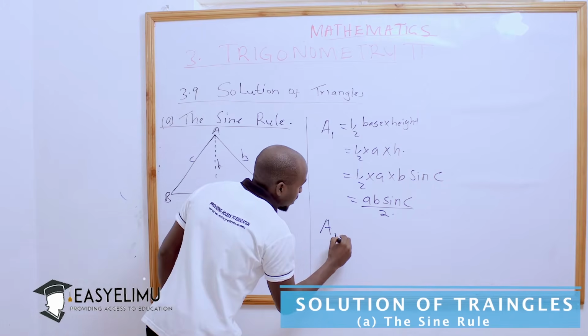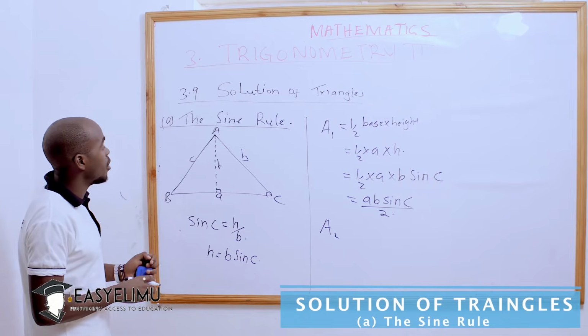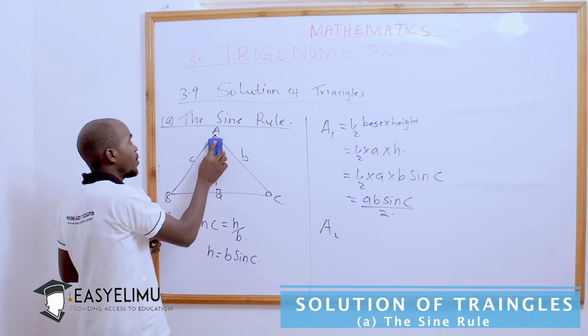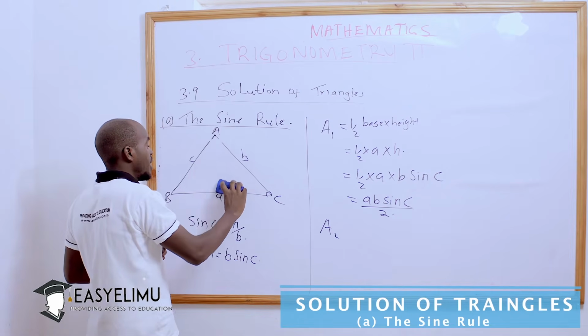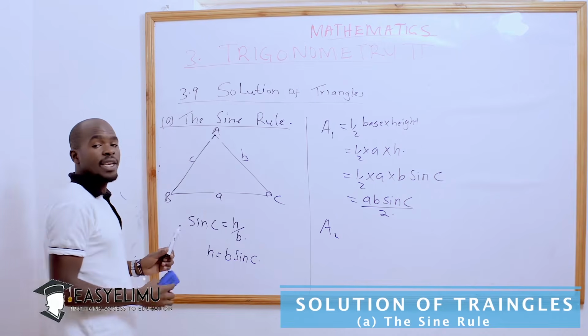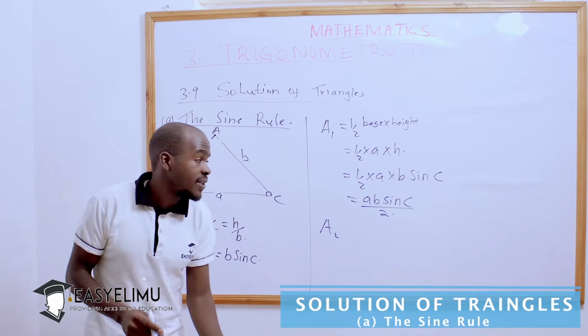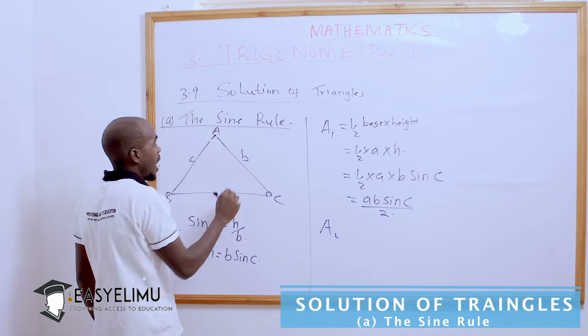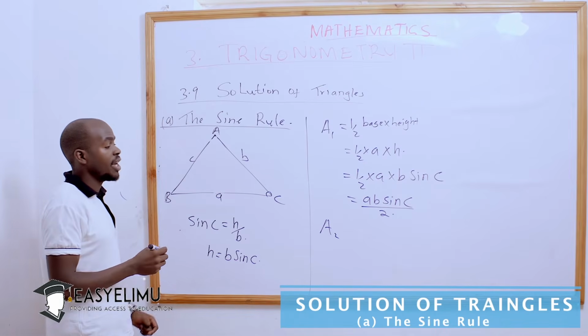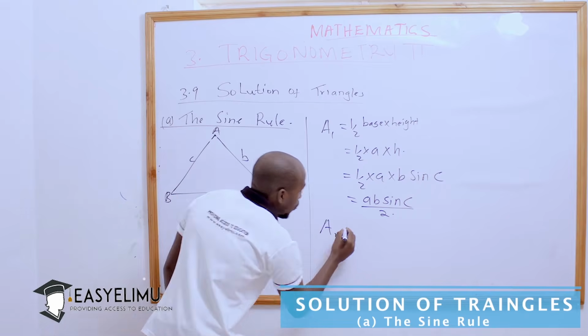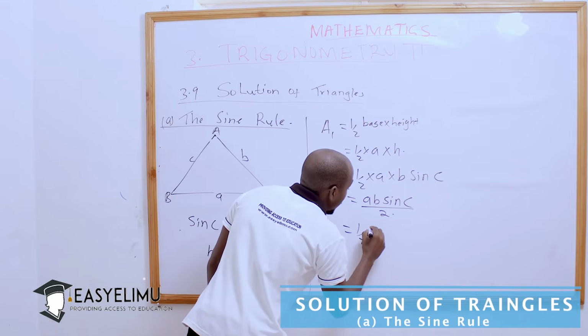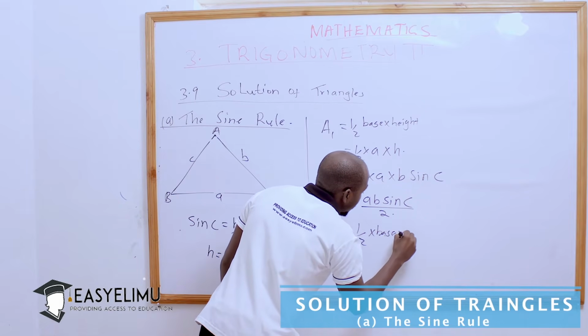Another way of expressing the area of that triangle is, instead of taking BC as the base, we may take AC as the base. In that case, we find the area as a half multiplied by base multiplied by height.